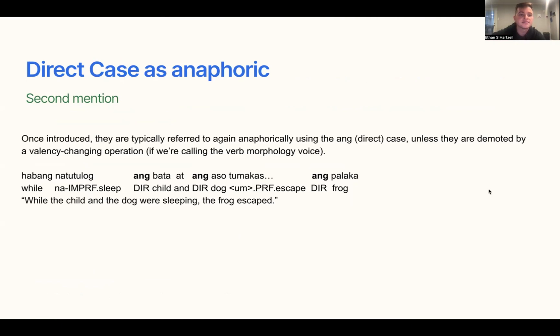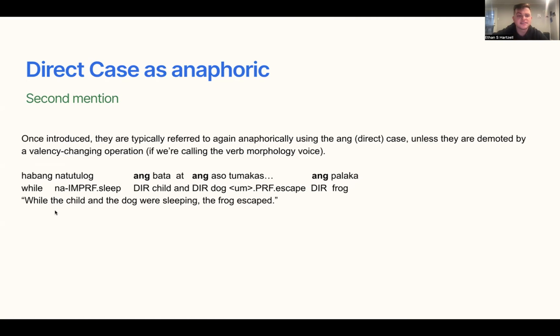For direct case, the second mention of those referents took ang. So while the child and the dog were sleeping, the frog escaped. So we got habang natutulog ang bata at ang aso tumakas. And then there was some more, and I cut off because it was a long sentence. Ang palaka. So palaka also got ang.